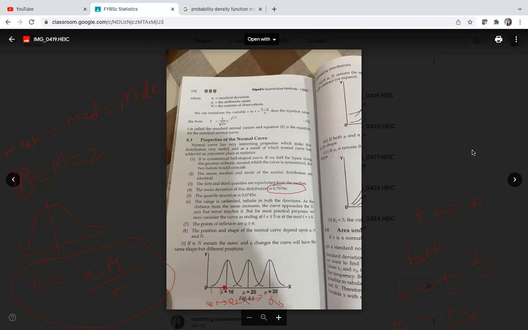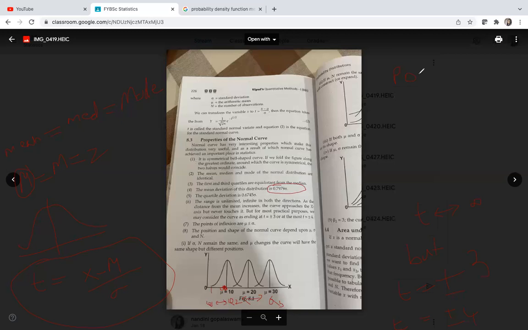No, ma'am. And again, one more thing is points of inflection. What do you mean by points of inflection? Any idea, any guesses? No, ma'am. Ma'am, can you explain that term? I will explain the term, yeah.